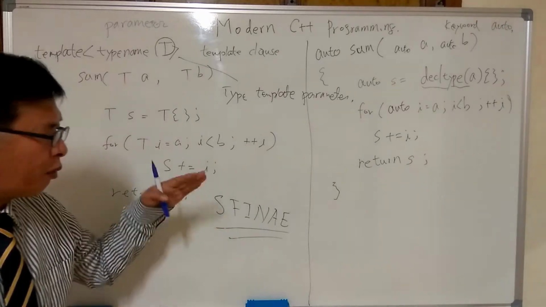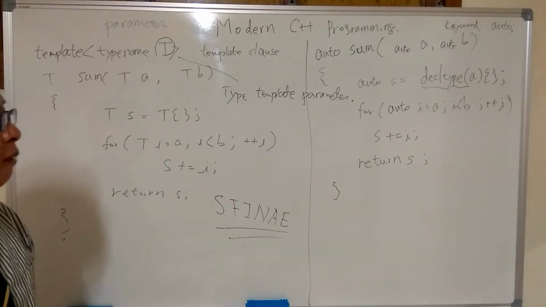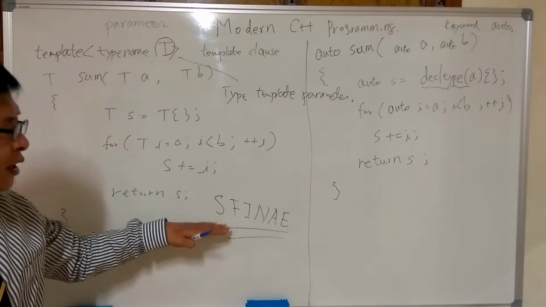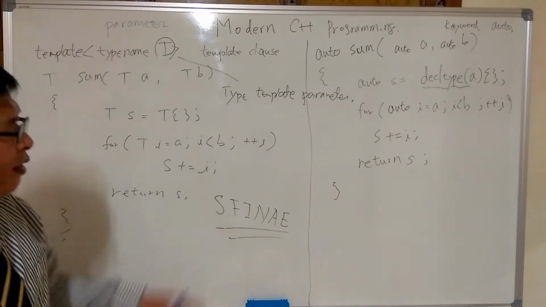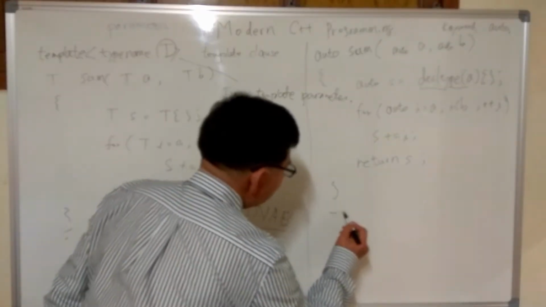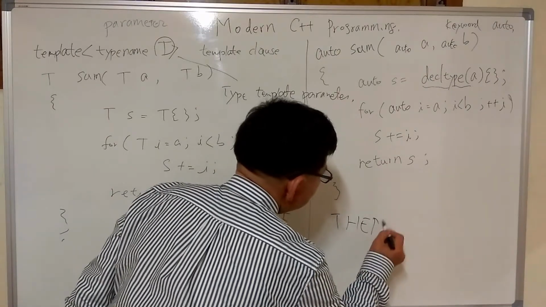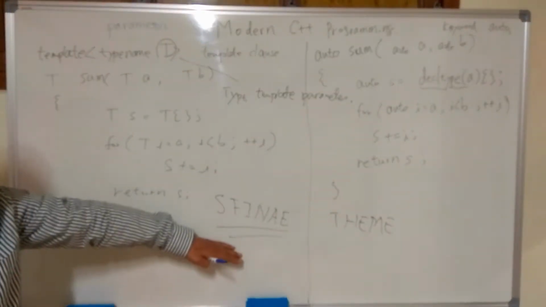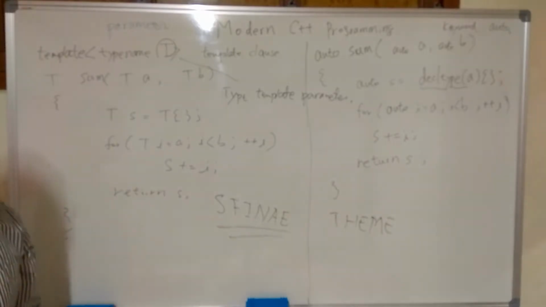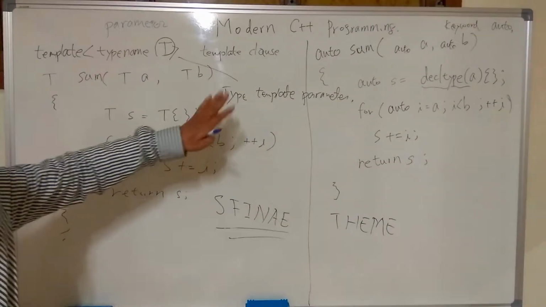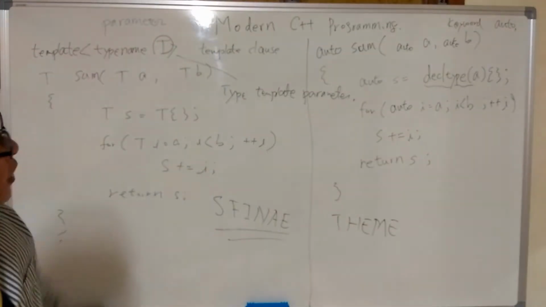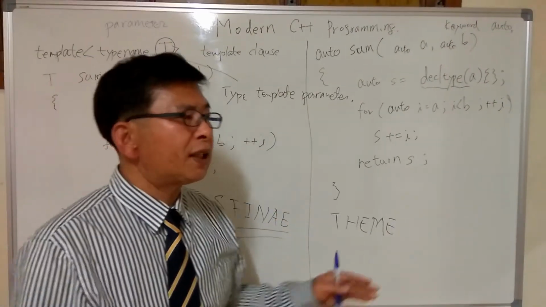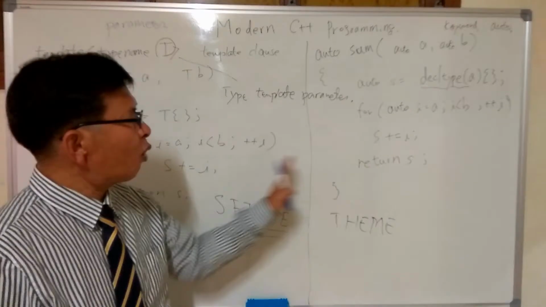My aim of this video is learning the modern C++ programming language, but SFINAE is a central concept, the central theme of modern C++ programming. It is very important. So this is the concept we will learn in this video, and now I will move to my desktop and we will try this in C++ code.